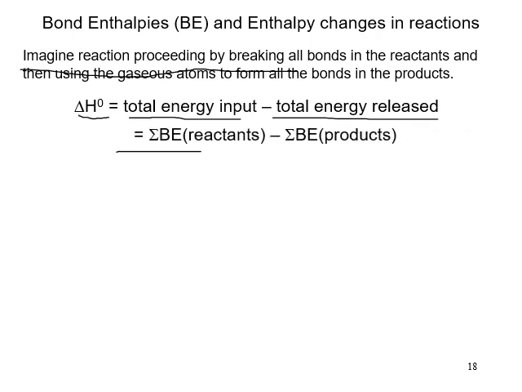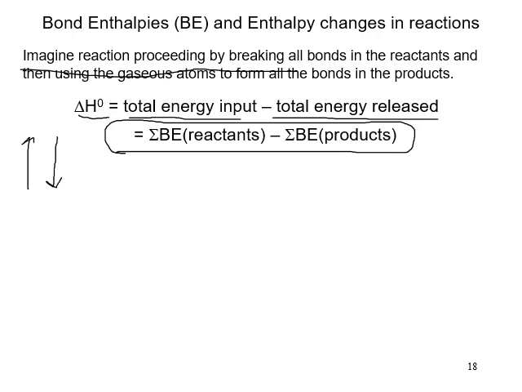Your book uses a little formula here, but I want to encourage you to just remember that the amount of energy that goes in to break bonds and the amount of energy that comes out when bonds are made, if you have one that's larger, you put in more than you get out, that would be an endothermic reaction. If you get out more than you put in, that would be exothermic. If you got the same that you put in and you got out, your enthalpy of that reaction would be very small.